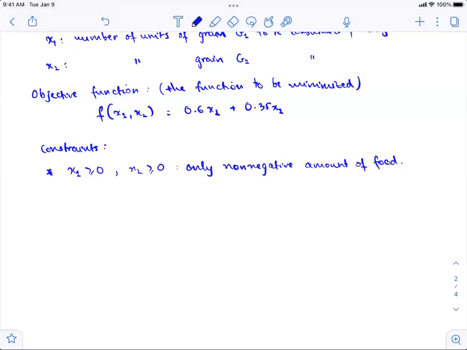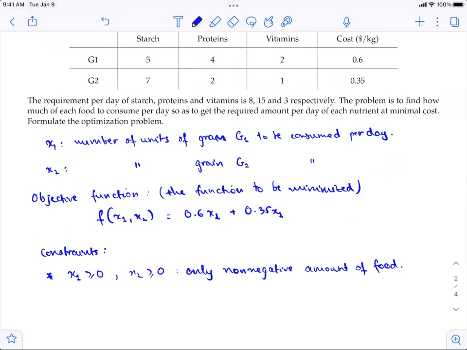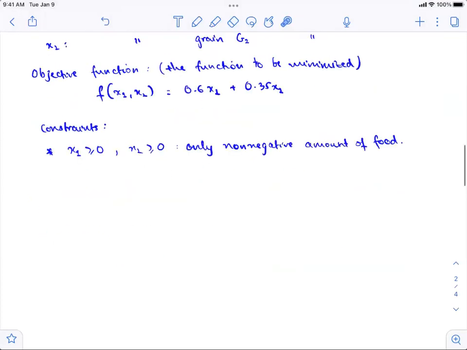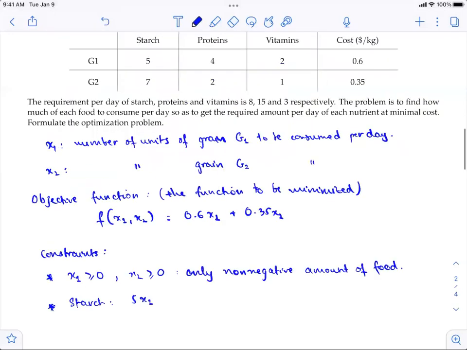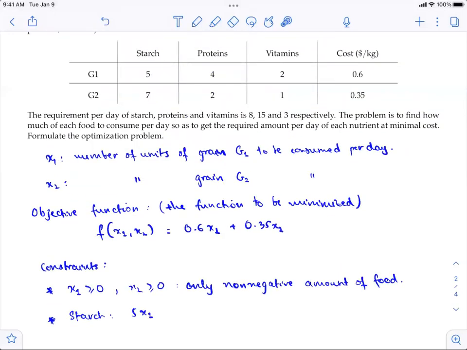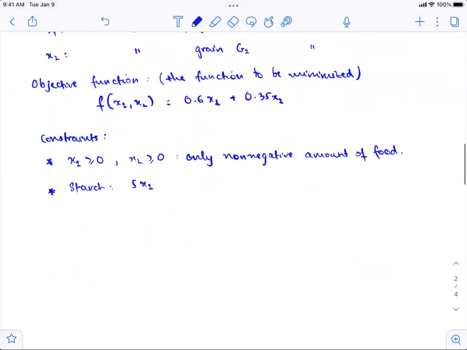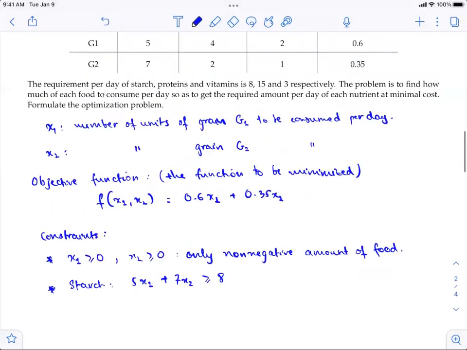Now, moving on to a different type of requirement here. The requirement per day of starch, proteins, and vitamins is 8, 15, and 3. So for starch, you have 5x1 plus 7x2 has to be greater than or equal to 8, because of the requirement 8 per day of starch.